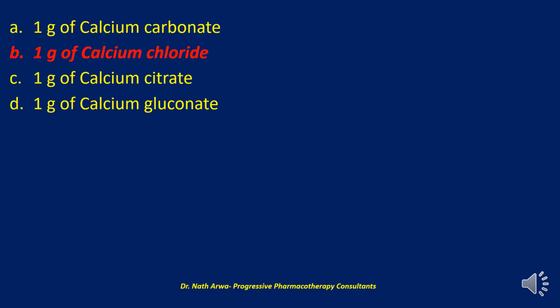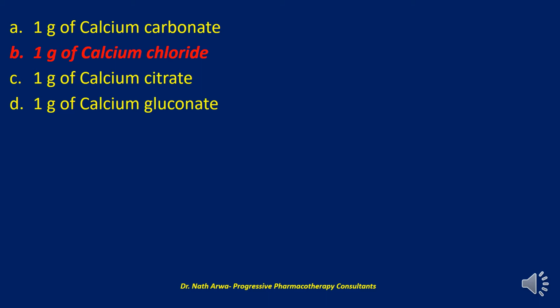Now, due to the differences in their elemental calcium concentrations, calcium chloride should be administered by central line, except in cardiac arrest, since it is more caustic to the smaller vessels, and it very frequently causes thrombophlebitis.